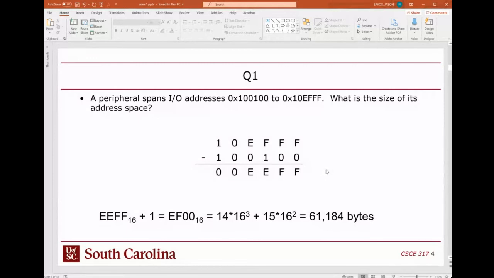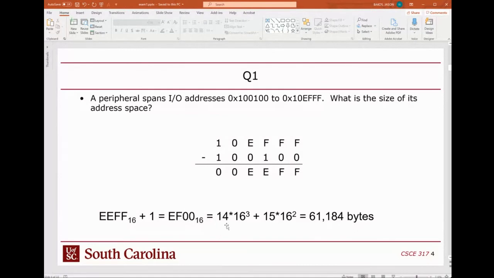Or there are converters online, or if you want to do it by hand, the idea is that each of these digits has a significance of a power of 16. Starting from the leftmost digit, this E is basically 14, and that would be multiplied against 16 to the 3rd power, because the 4th digit from the right has a significance of 16 to the 3rd power.